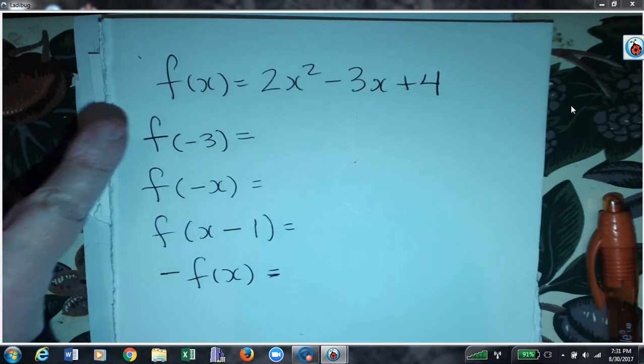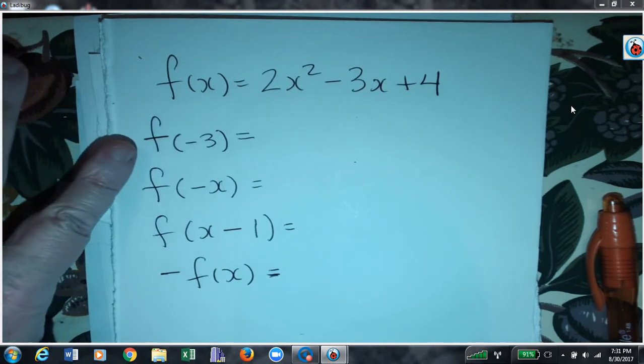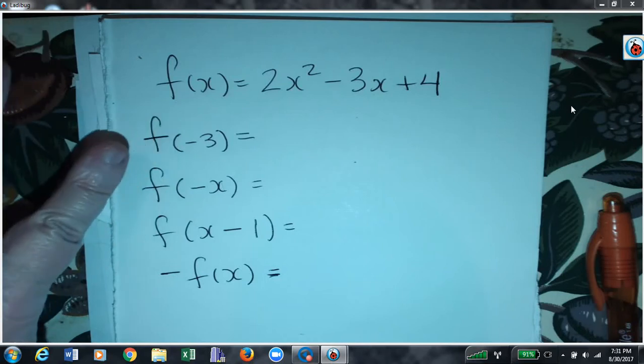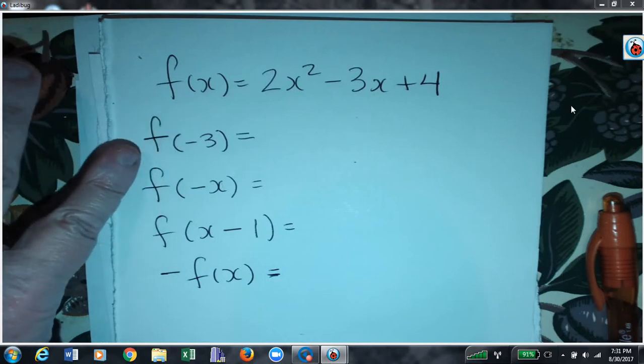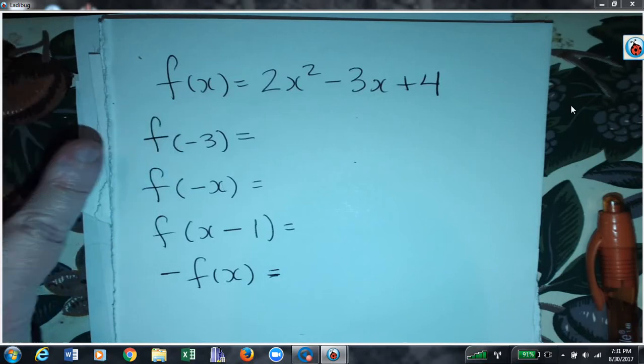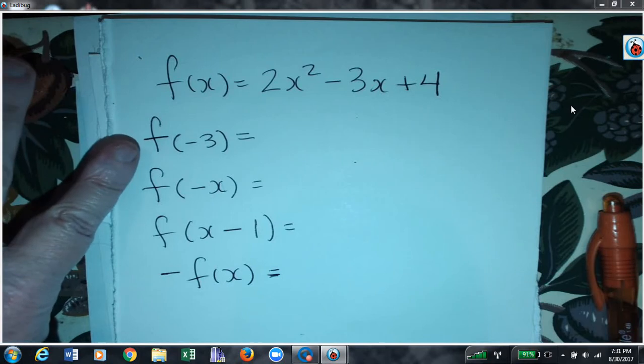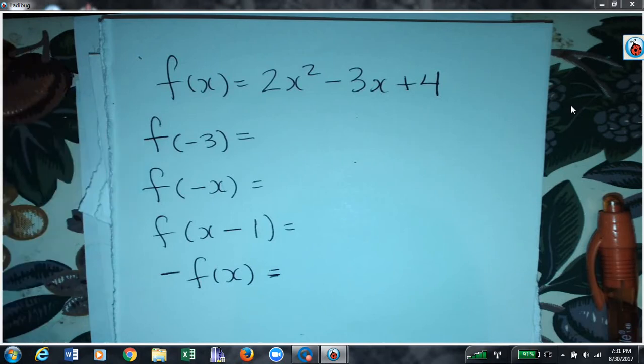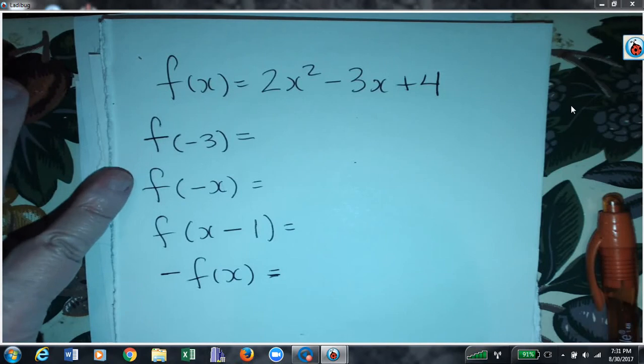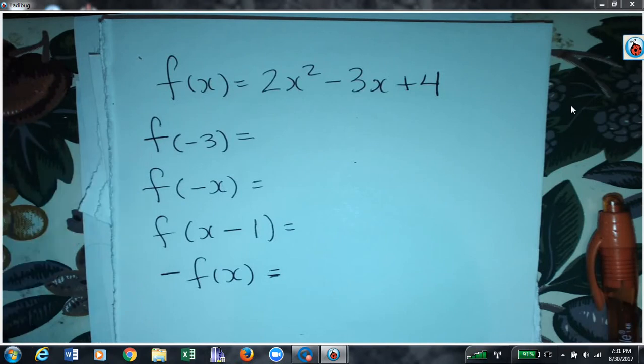So if you saw this on a test, you would have to do the whole thing by yourself from start to finish. You need to practice doing these by yourself from start to finish. So put the video on hold, get each of these out to the final answer with no parentheses, and then play the video and check your answer. Okay, that is going to be the best way to prepare for a test. So go ahead and put the video on hold.